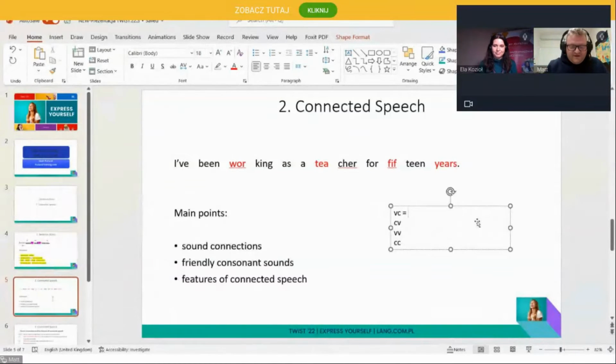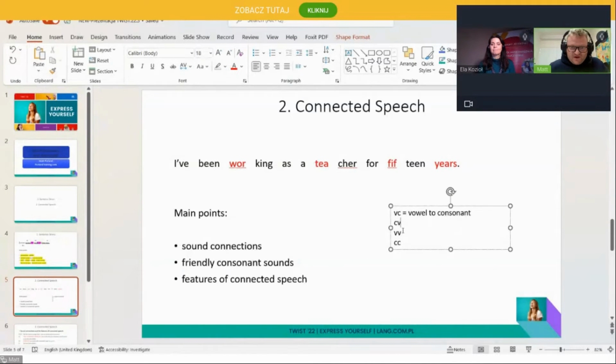Okay, so VC connection is vowel to consonant. And the wonderful news for you is that this is the perfect sound connection that we want. The bad news is that the other sound connections are not perfect and we have to change them.